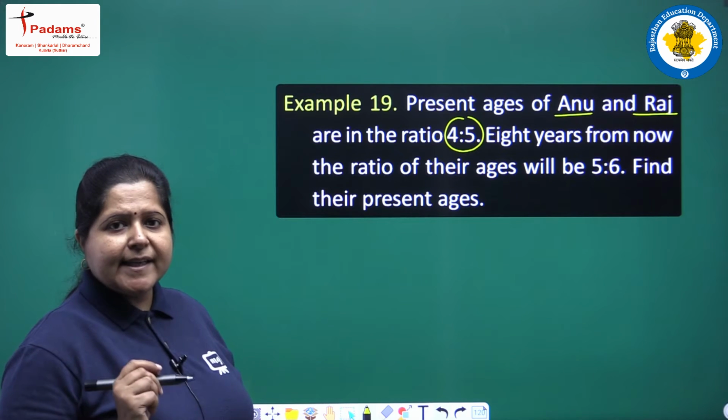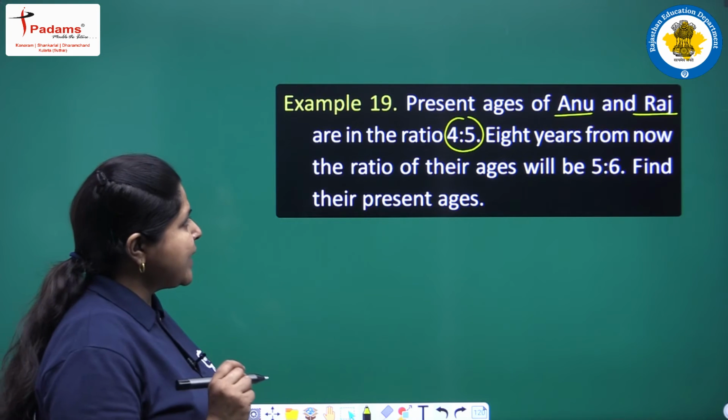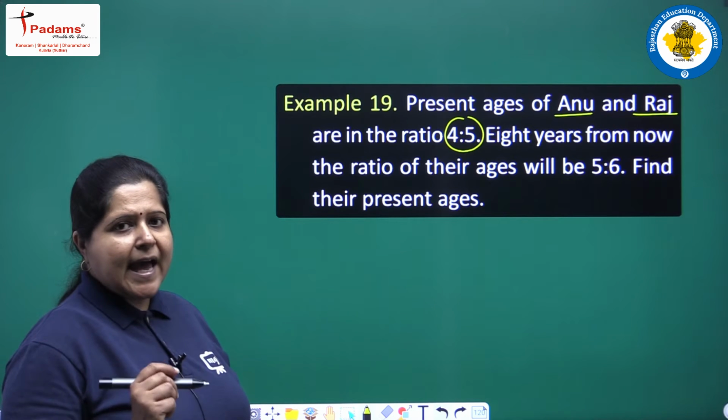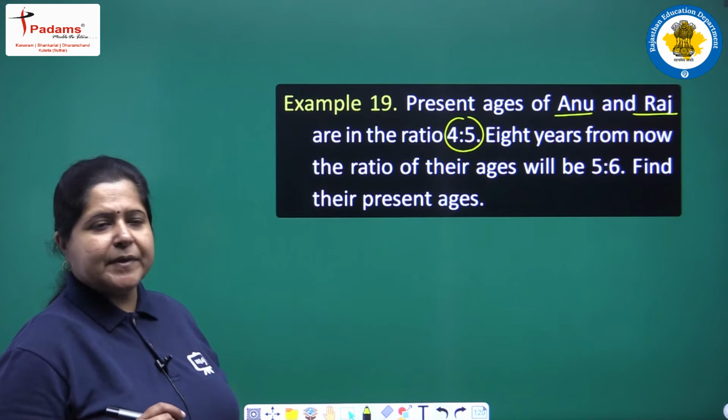So, we can easily take their present age to be 4x years and 5x years, as we have discussed in our previous segments.